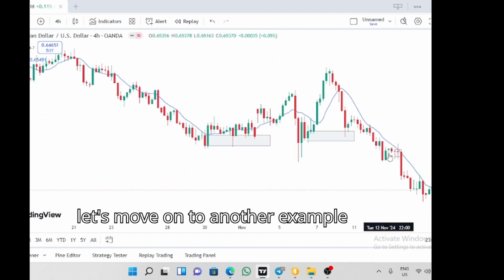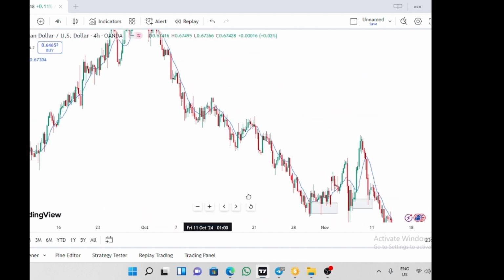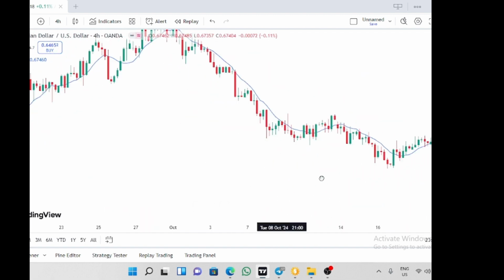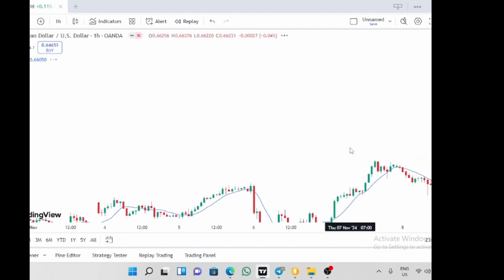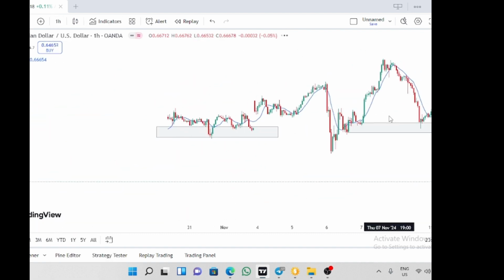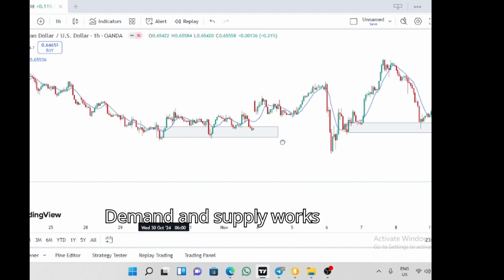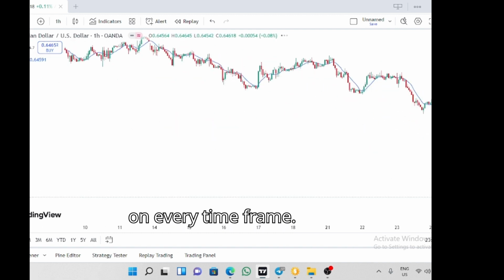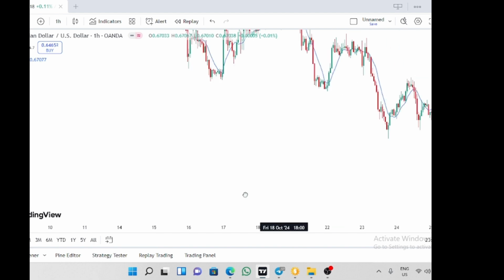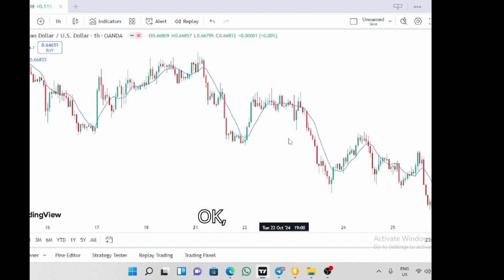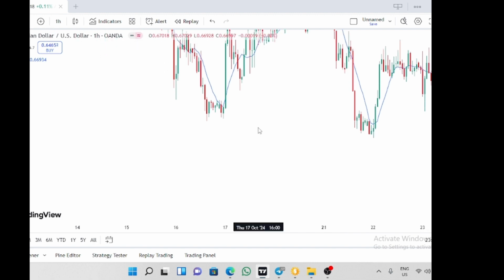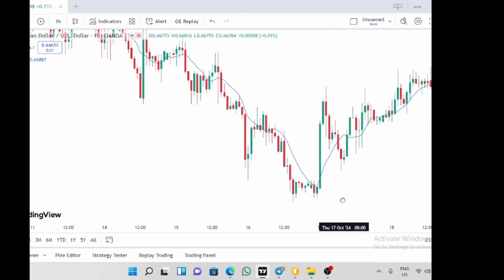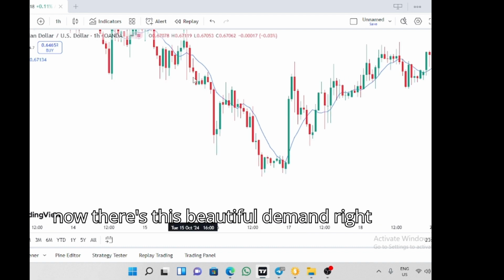Now let's move on to another example. Let's go on to the 1 hour chart to show you that demand and supply works on every time frame. Now there's this beautiful demand right here.